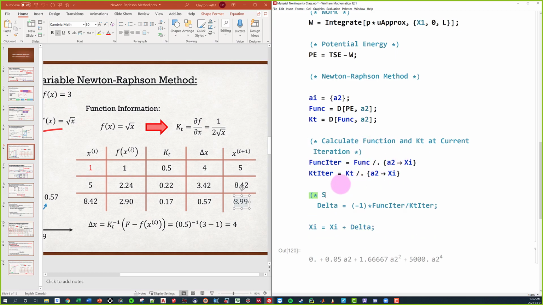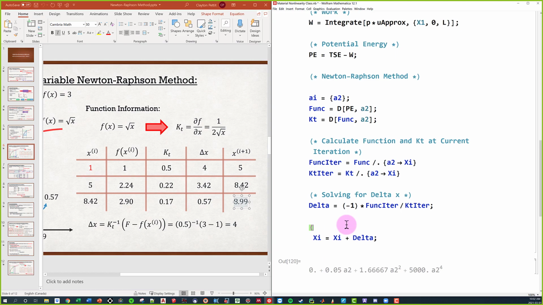We're going to put right here that we're solving for delta x. And then right here we are finding xi for next iteration. I don't know why, but I like to capitalize these things. I'm crazy. So hopefully that makes sense to you guys what we're doing in this loop.